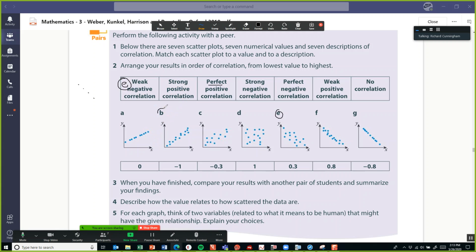Okay, yeah, it would have to be B because that would be strong. It's positive. And perfect means that they are in a completely straight line. What I want you to do in the group chat is to type in which letter you think would be strong negative correlation. Type it in the private part.